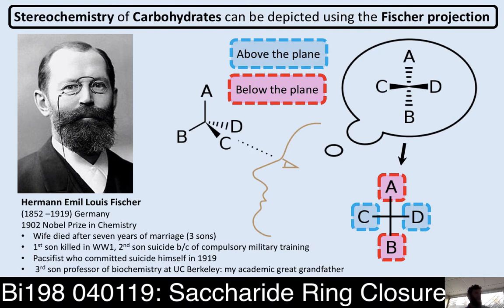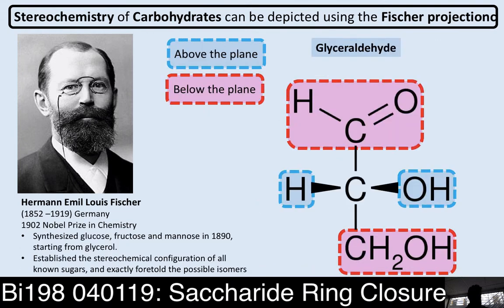All right. So this was his sort of graphical representation of the 3-dimensional structure around a carbon atom, and he used this to be able to describe the stereochemistry of carbohydrates and what has now become called the Fischer projection.